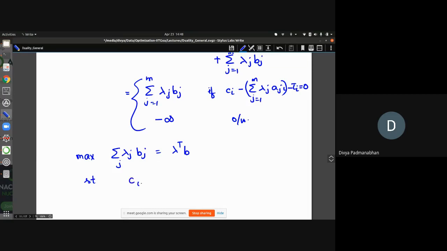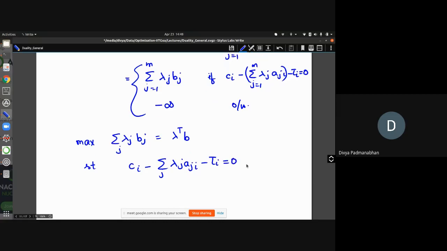So c_i minus summation lambda_j a_ji minus tau_i equal to 0, and lambdas are all greater than or equal to 0, taus are greater than or equal to 0. Now one more thing you can simplify is the c_i minus lambda_j a_ji. So this is true for all i.